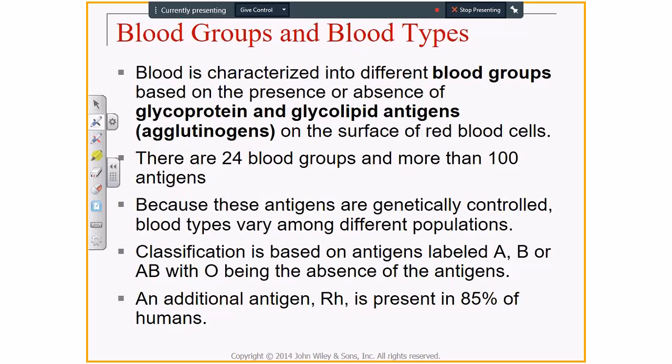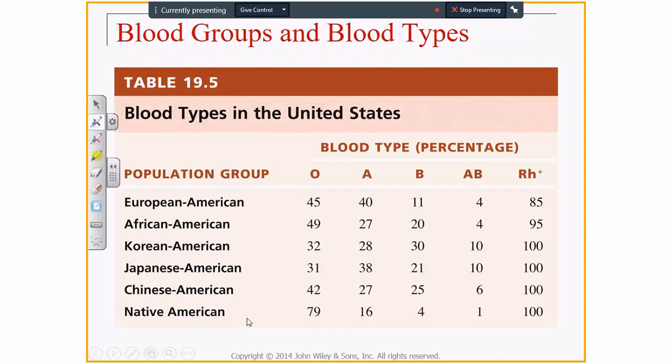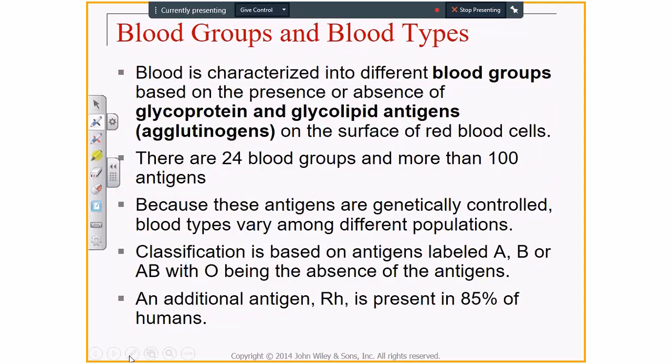Additionally, we're going to be taking a look at another antigen called the Rh factor. This antigen was actually discovered in the blood of rhesus monkeys. And so if you have that particular protein on the outside of your blood cell, you will become Rh positive or Rh negative.